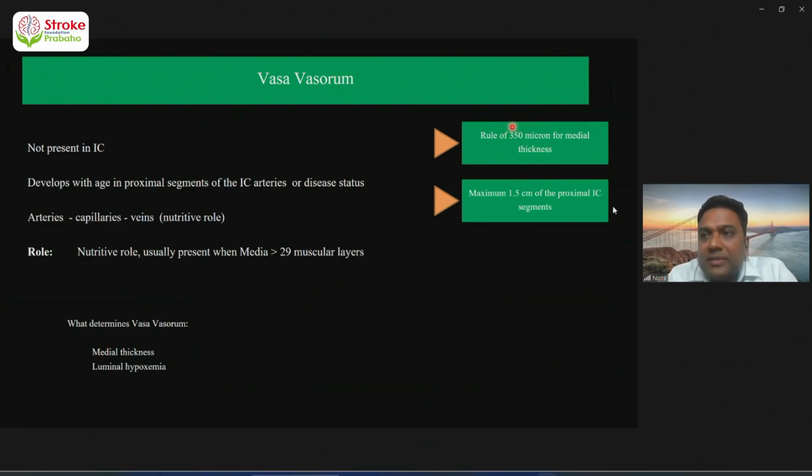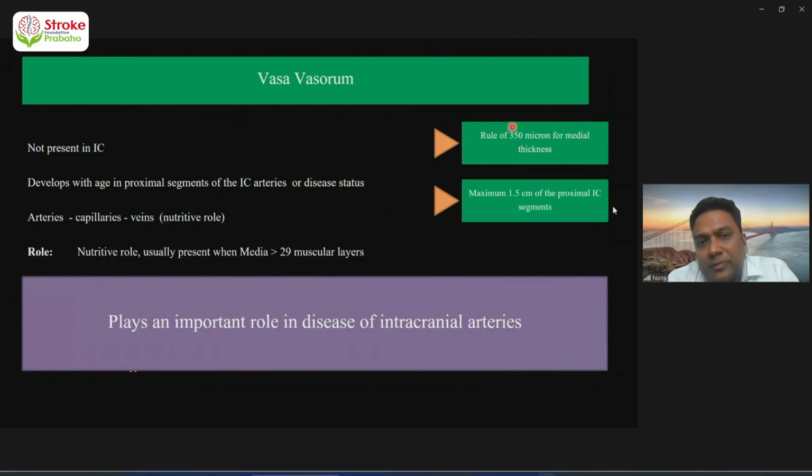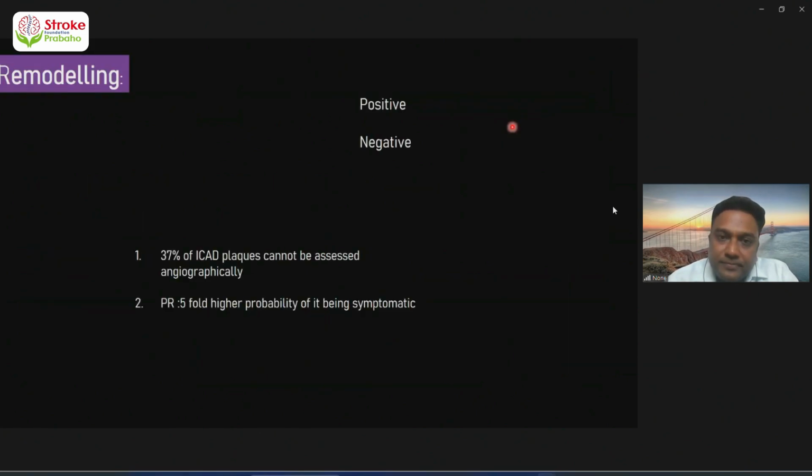You can sometimes see vasa vasorum in the proximal segment of the intracranial arteries, up to 1.5 centimeter or so. So what really determines vasa vasorum? The medial thickness, and if there is luminal hypoxemia, that also triggers the formation of vasa vasorum. And there are two types, vasa vasorum interna and vasa vasorum externa, which I'm not going to go into details.